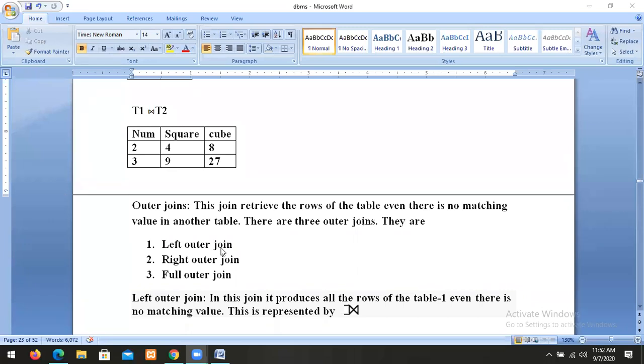Now we'll go for outer joins. In an outer join, the rows will be selected even if there is no matching row in the corresponding table. This join retrieves the rows from the table even if there is no matching row in the other table.